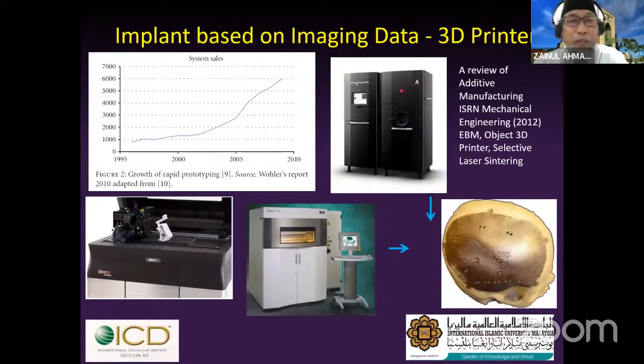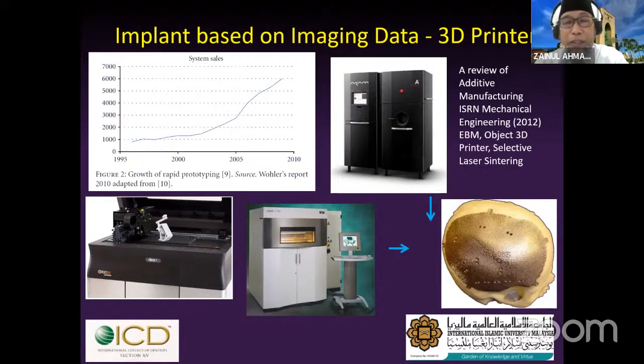As we can see from this graph, there is a lot of demand for 3D printing, not only for medical use but also for other industries like car making and research on science, for example. From the graph, you can see most countries now have their own 3D printing machine for the development of their products for medical purposes. This is one example of EBM, Objet Stratasys, and selective laser sintering.